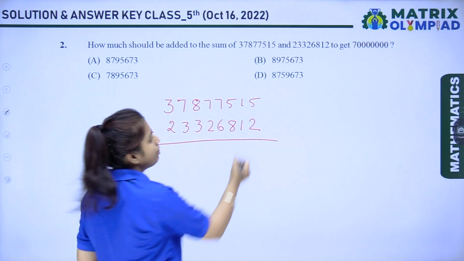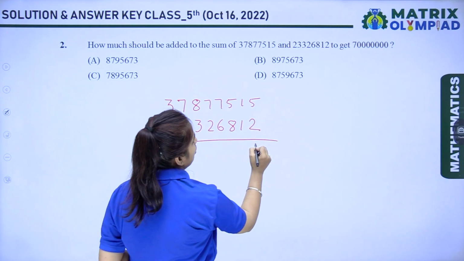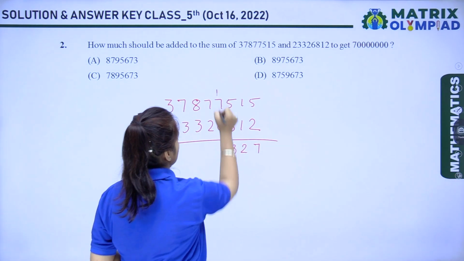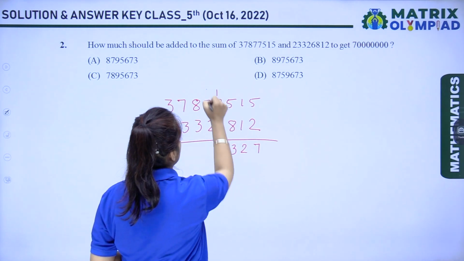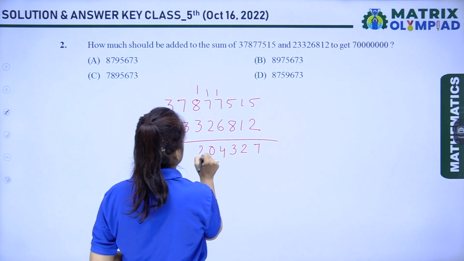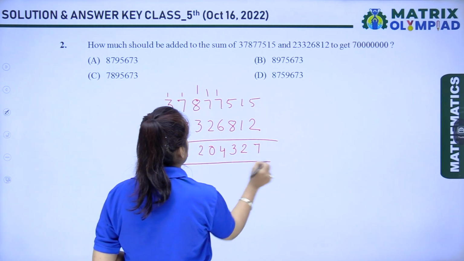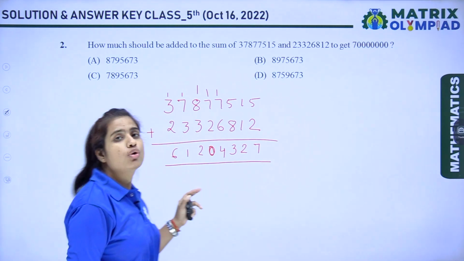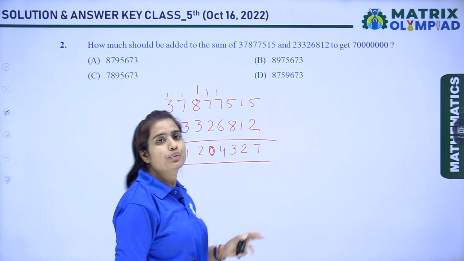Now the addition part begins. It gives 6 crore 12 lakh 4,327.